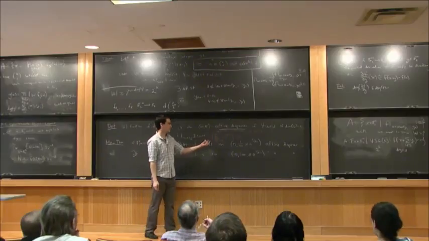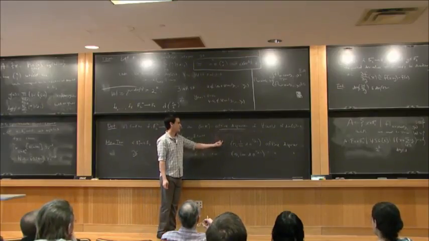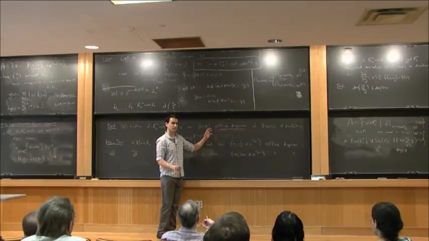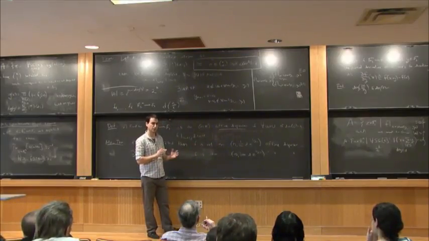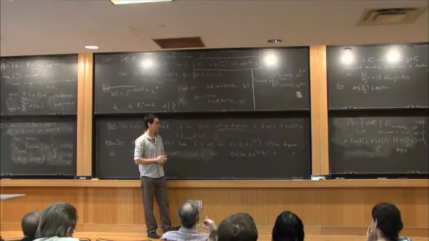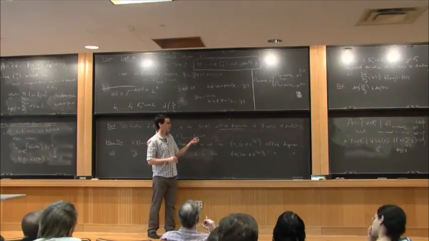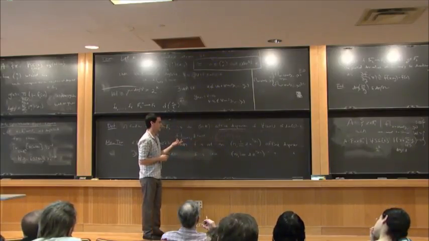Okay, so what does this mean? It means that on any big enough affine subspace, the function is quite balanced. The number of zeros and the number of ones are roughly the same. So this is a much stronger notion than affine disperser.